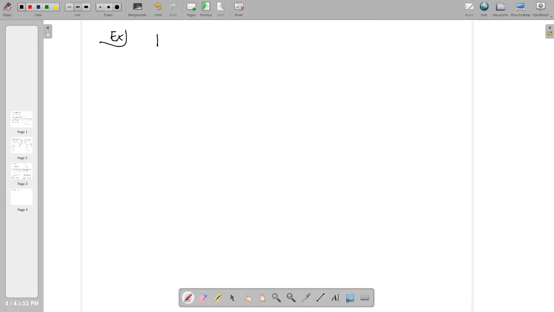So I'm going to give you a function that has 2 horizontal asymptotes: 1 divided by 1 plus e to the negative x. As x gets very large, as x goes to infinity, then you have e to the negative infinity, which would be the same thing as saying 1 divided by e to the infinity in some fashion.